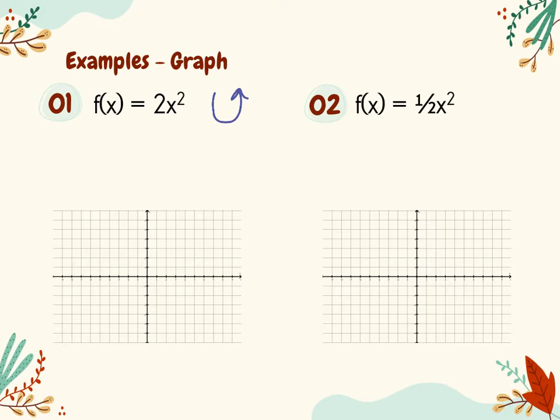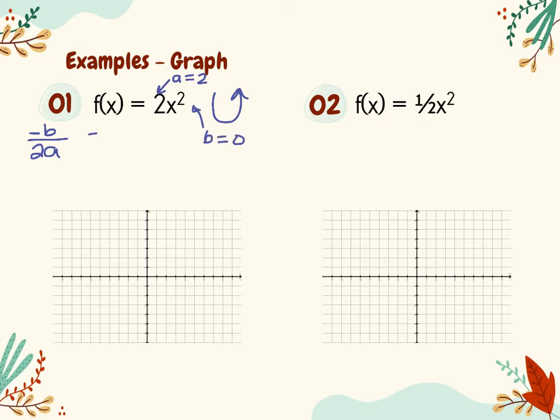So if I continue to use the method that we just talked about, that I already know which direction it's going to face, negative b over 2a is going to give me my x coordinate of my vertex. So the a is 2. There is no b, which means b is 0.